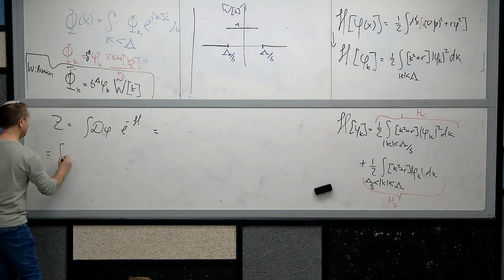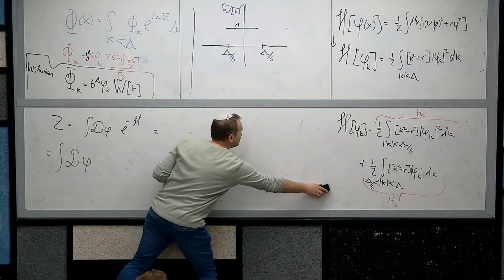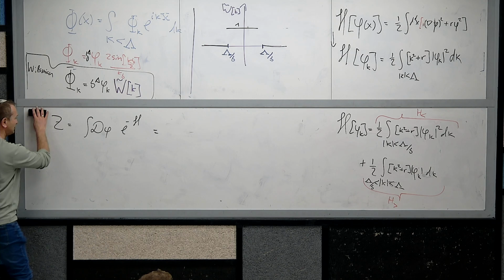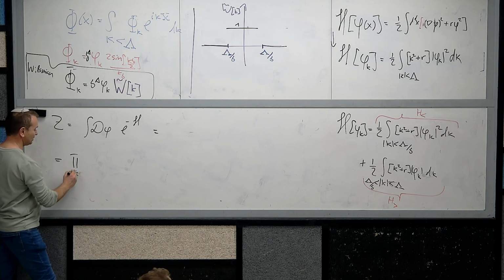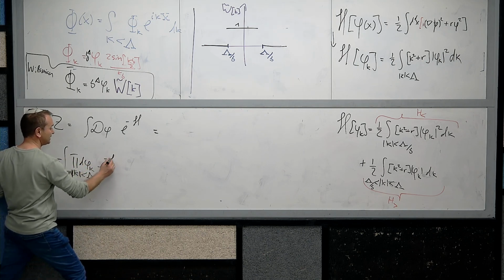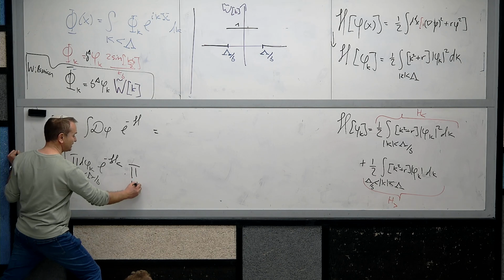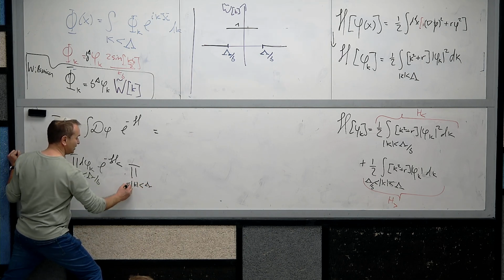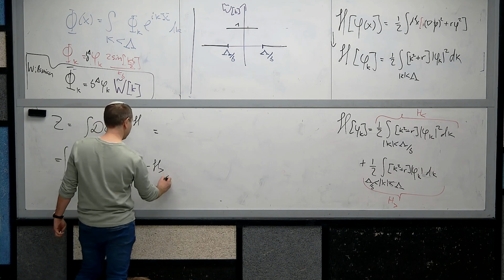Now we write this as an integral of d of phi, as a multiplication of all the k's which are smaller than lambda divided by b, d phi of k, e to the power minus h smaller, multiplied by the multiplication of all the k's which are larger than lambda divided by b, e to the power minus h larger, d phi of k.